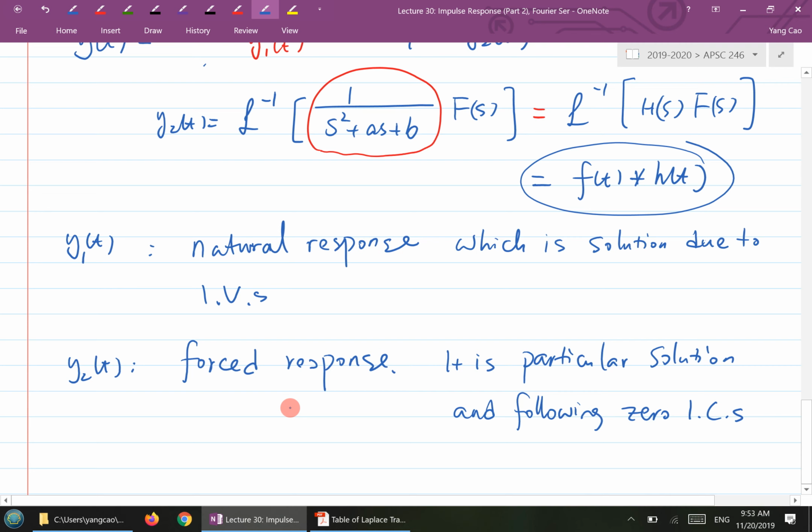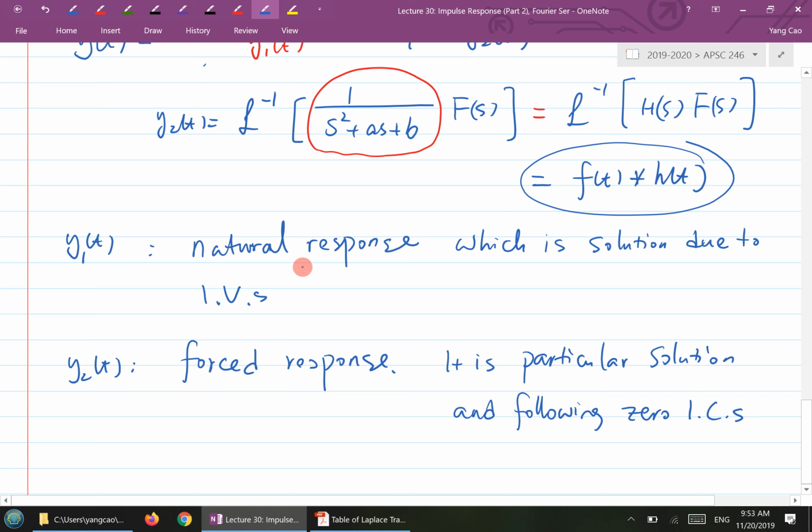Most of the time, the natural response will disappear. Let's say you have an RC circuit and the capacitor is charged at the beginning. Now, if you don't do anything, the charge will basically discharge and go back to zero, right? That process of discharge is the natural response.